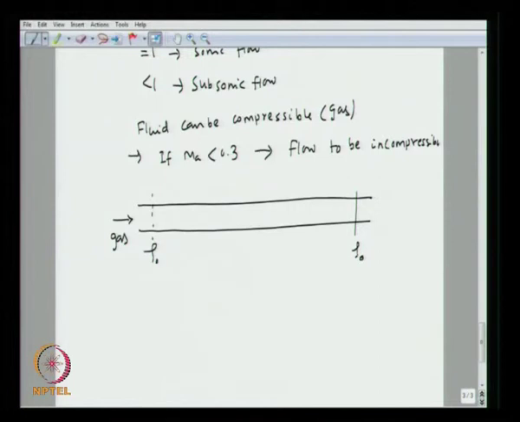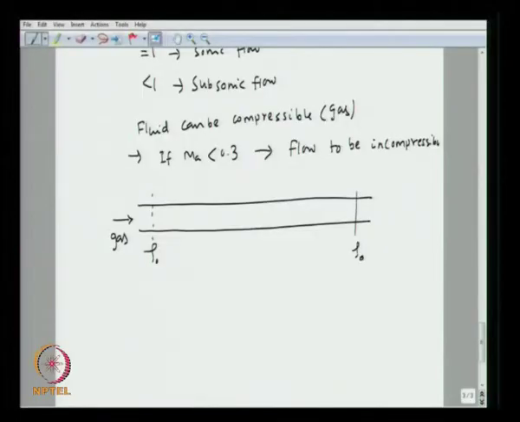And so, in that case even if gas is compressible, the flow could be considered as incompressible, and most likely if the Mach number is less than 0.3, we can still go ahead and use the governing equations that is applicable to incompressible flow to this situation, provided few other conditions are satisfied.